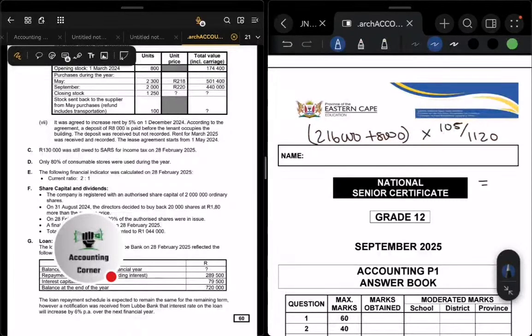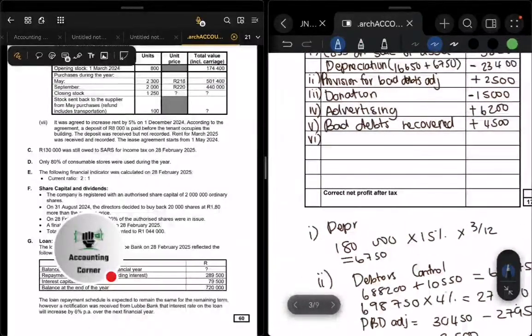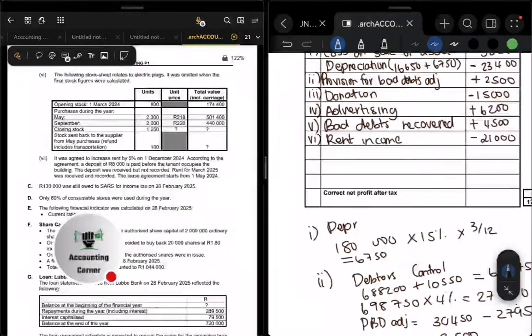Okay, sorry, my work is all over the place. It will be 21,000. So rent income is minus 21,000 because it's not part of this year. That was adjustment 7, 6 didn't affect anything. Okay.